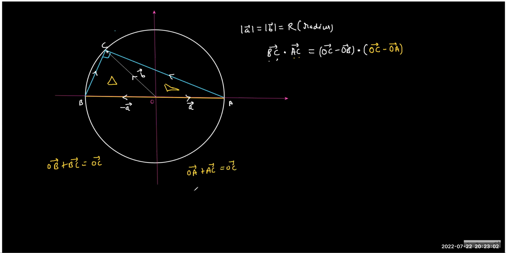So you can clearly see that AC turns out to be OC minus OA, and BC turns out to be OC minus OB. The same thing I wrote earlier.